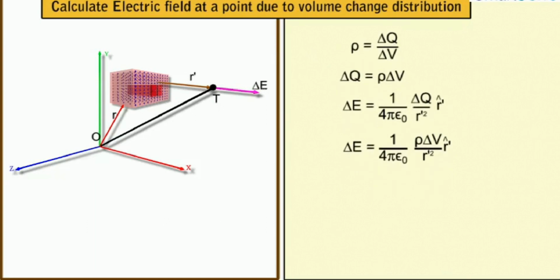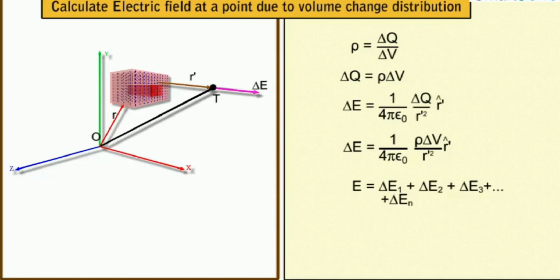Now, the electric field strength E at T due to the total volume charge distribution is equal to the vectorial sum of the electric field strengths due to all individual volume elements.